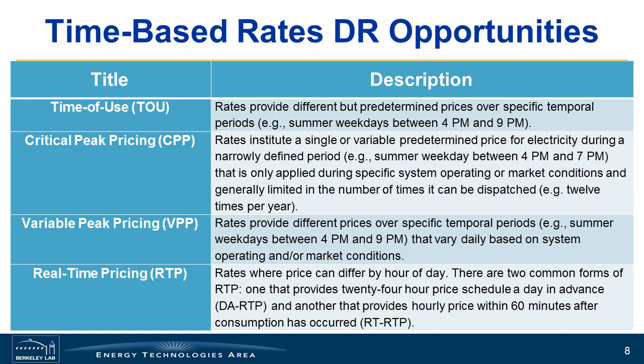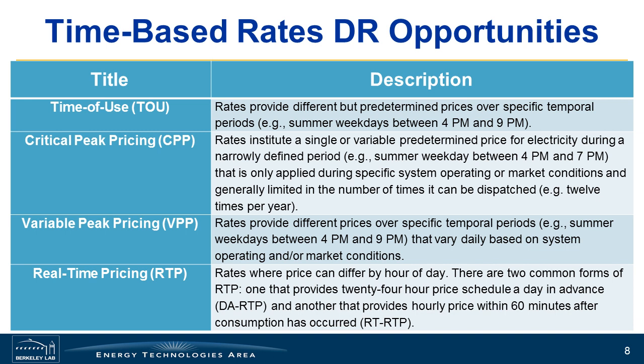Critical peak pricing is very similar, but it's set with typically very high price ratios between on-peak and off-peak periods. It's a narrowly defined period, and it's typically constrained to be called and dispatched only a few times a year. Most typically around 12 times a year on the hottest days, or the days where system operating conditions warrant it to be dispatched.